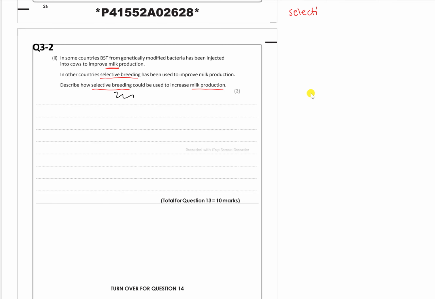So you have selective breeding. That's where a human selects an organism, whether it's a plant or animal, to get the best features to produce an animal or plant suited to their needs.